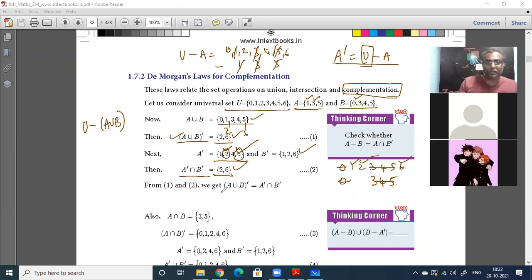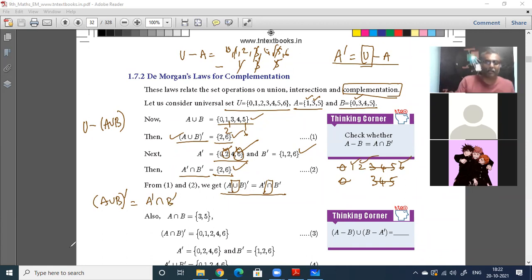This is a very interesting law. Again, you see, here is union, here is intersection, and here is the total set complement.